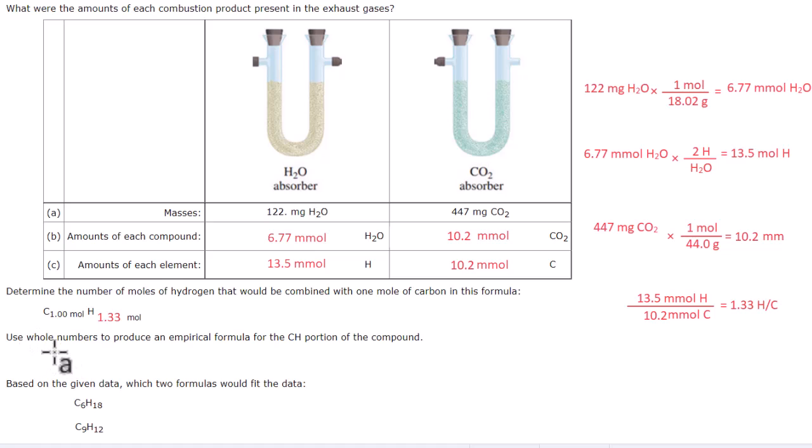I'm going to say my carbon will now be 3. Oops, let me make that a subscript. And my hydrogen, 3 times 1.33 rounds up to 3.99, which will be, for all practical purposes, 4.